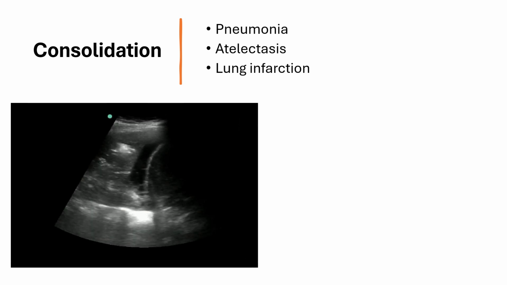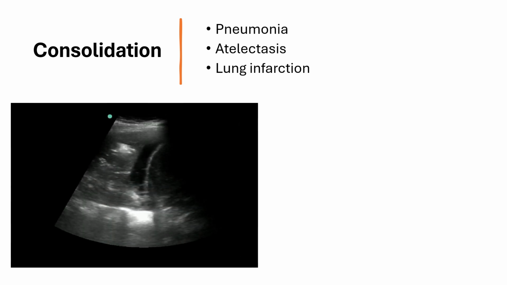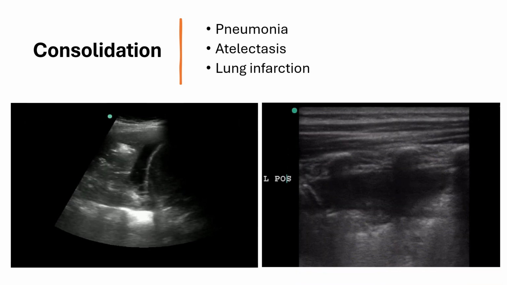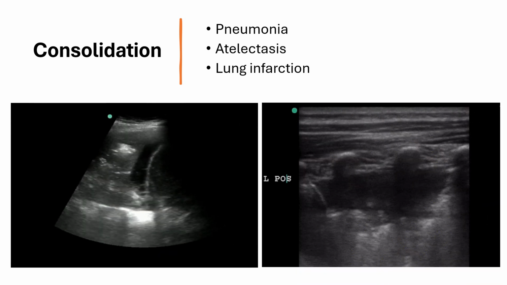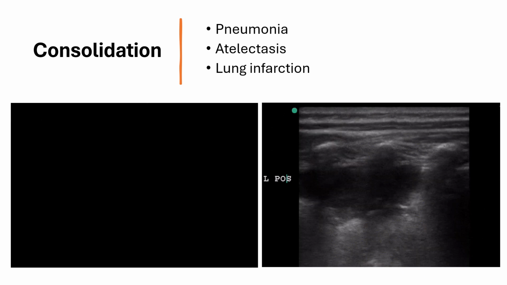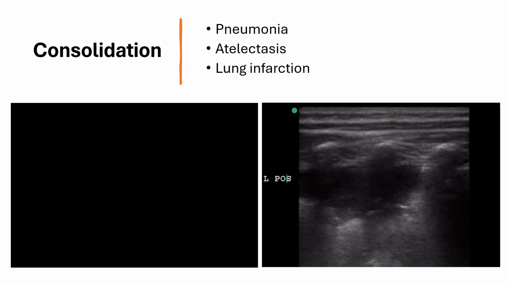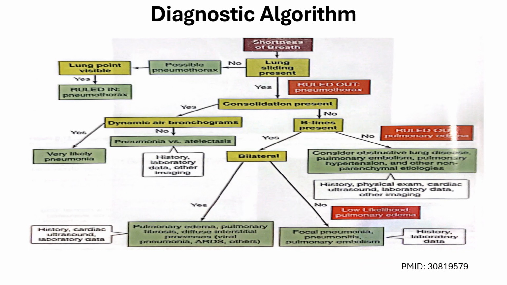Compare this to this image. Again, we see ribs, we see what is called a subpleural consolidation, which can be seen in the cases of pneumonia, either bacterial or viral.